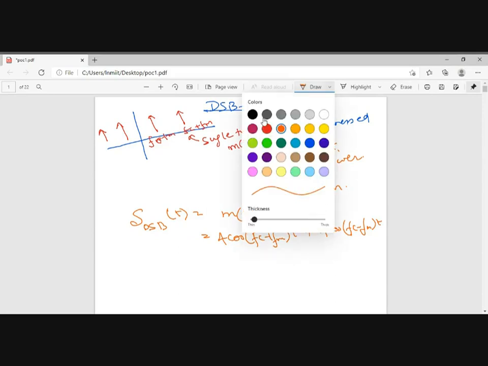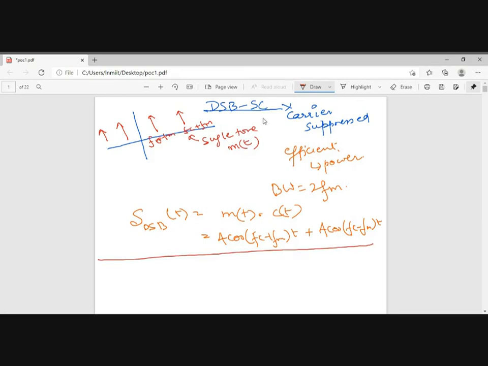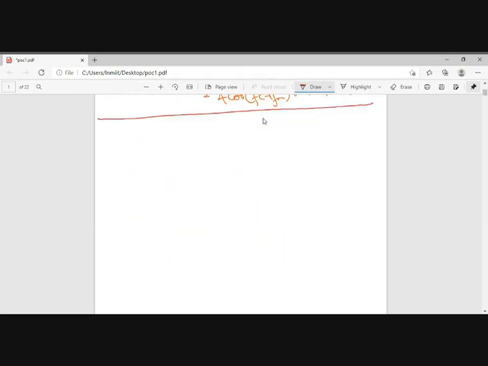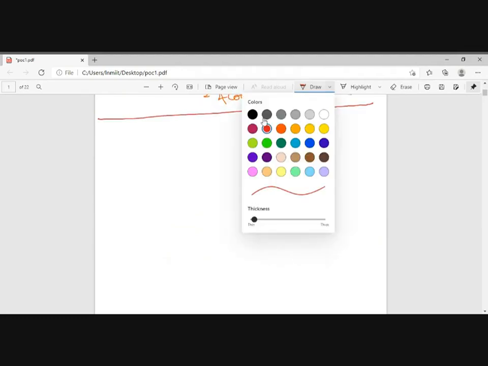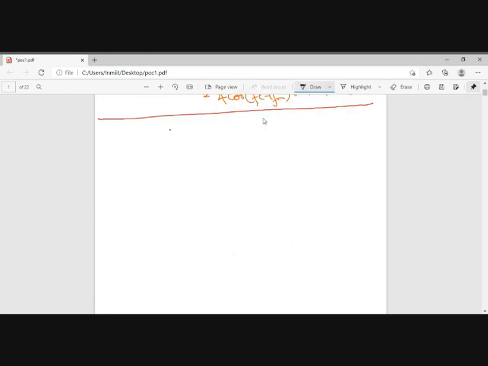So let's start with the new topic. We have seen the numericals and everything, so I'm not wasting time on that. I am moving to generation of DSBSC, that is, the modulators.